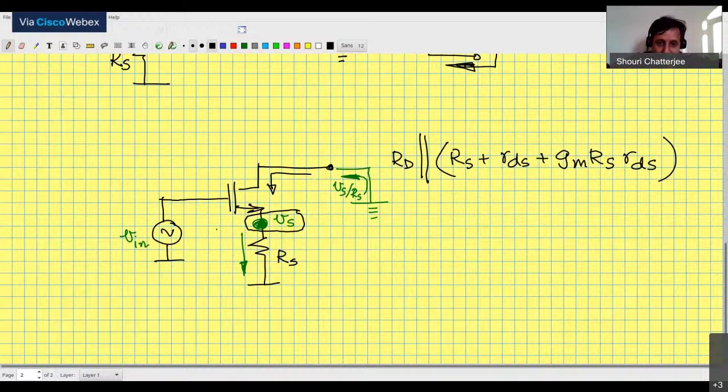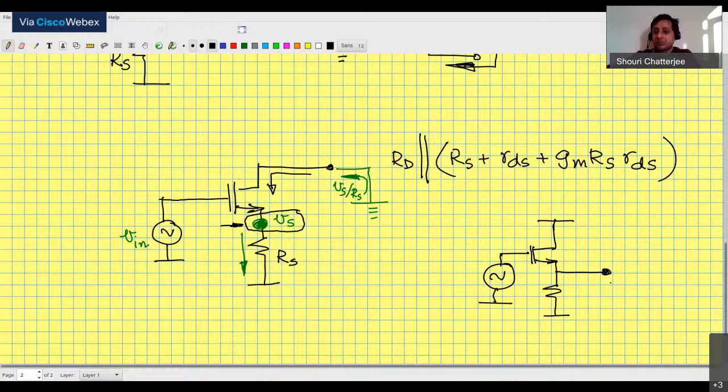Now you look in from here, all right, into this circuit. I need to find out this voltage. So I look in over here.